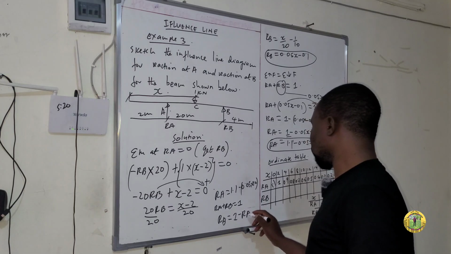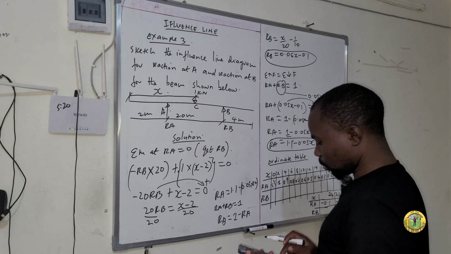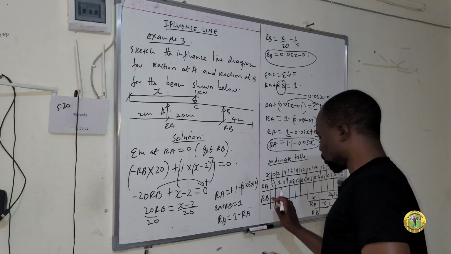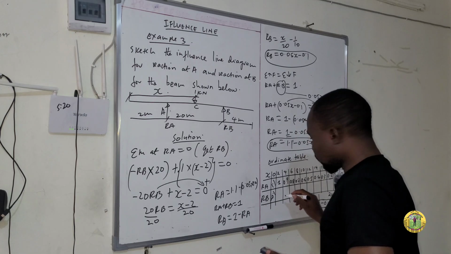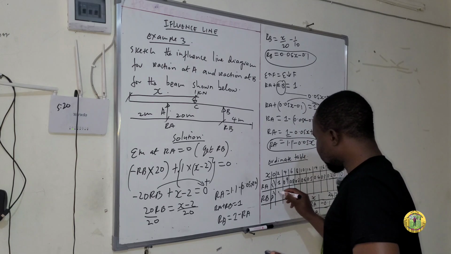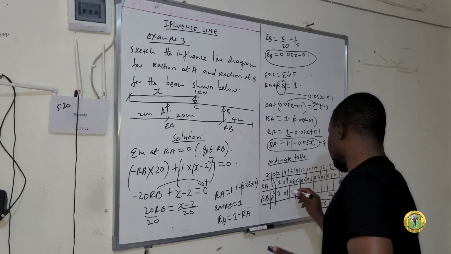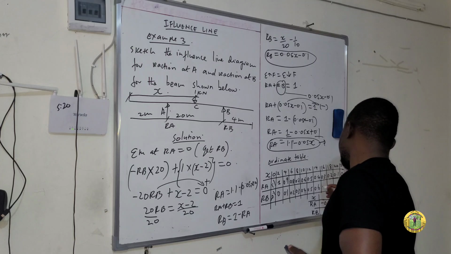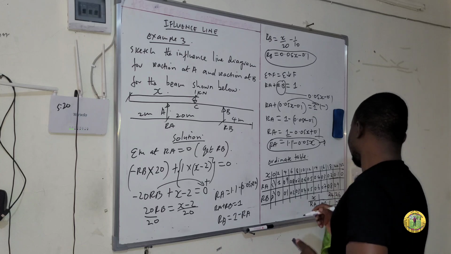And then for RB, because RA plus RB is equal to 1, RB will be 1 minus RA. So 1 minus 1.1 is negative 0.1. And then 1 minus 1, this is 0. 1 minus 0.9 is 0.1, then 0.2, 0.3, 0.4, 0.5, 0.6, 0.7, 0.8, 0.9.